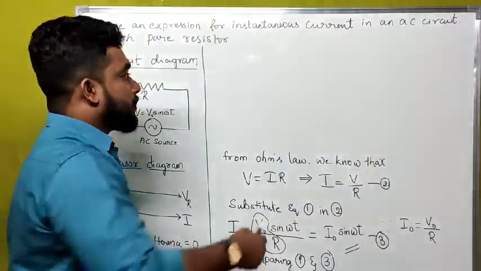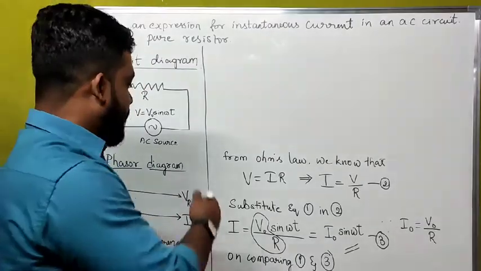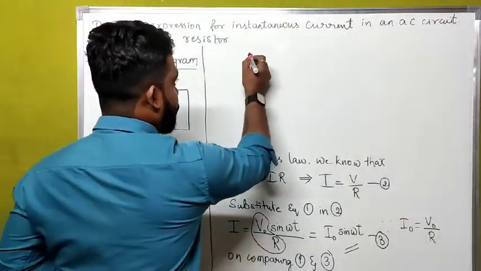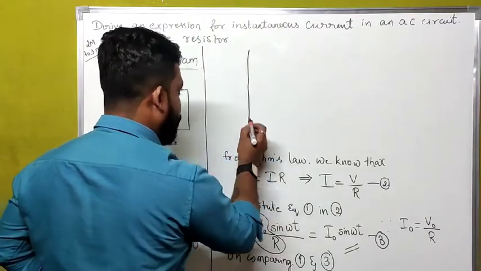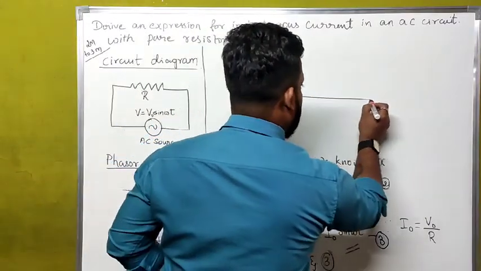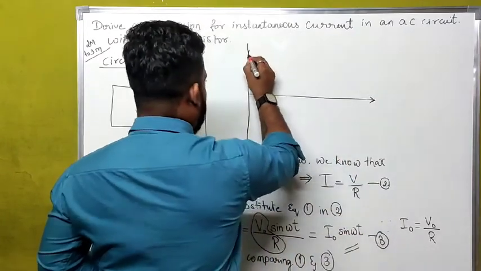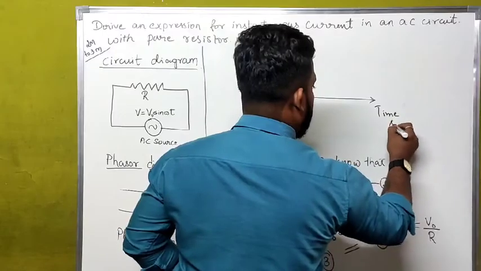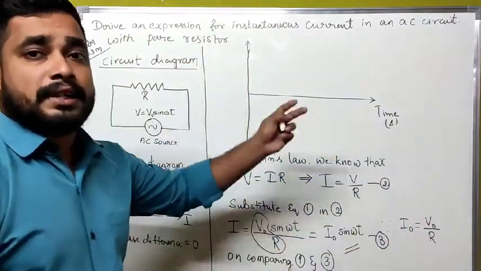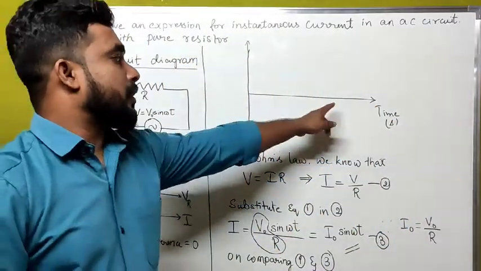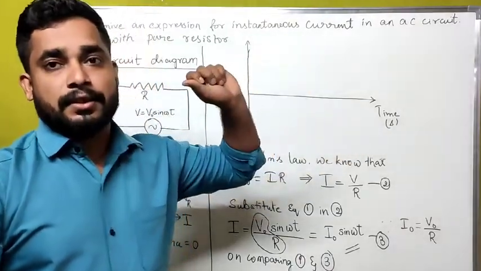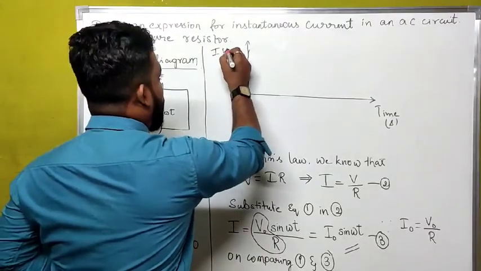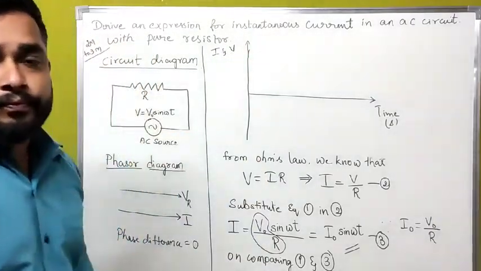Now I am drawing a graphical representation of a phasor diagram. The x-axis is our time scale and the y-axis is the current and voltage axis.